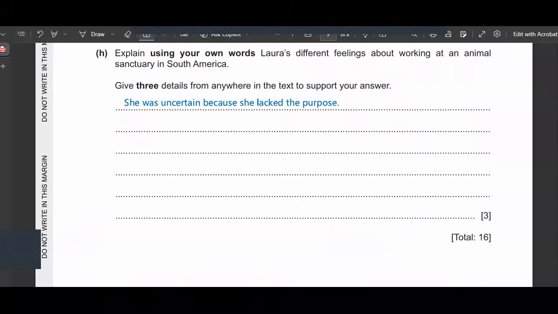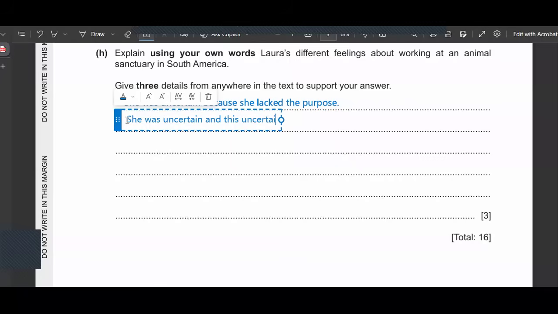Or you can say that she was uncertain, and this uncertainty is evident when the text mentions this, and furthermore, you can write the same exact text.